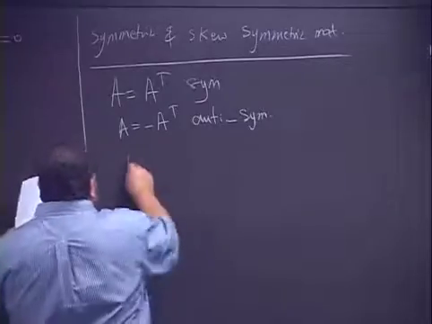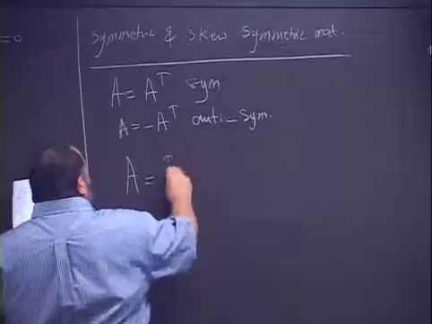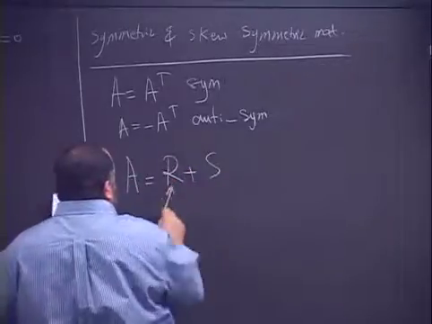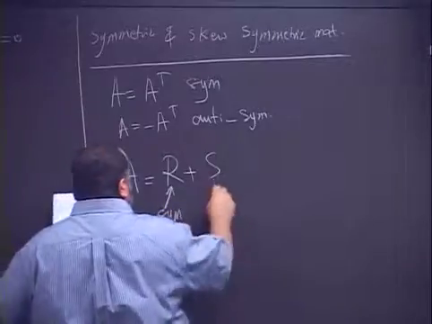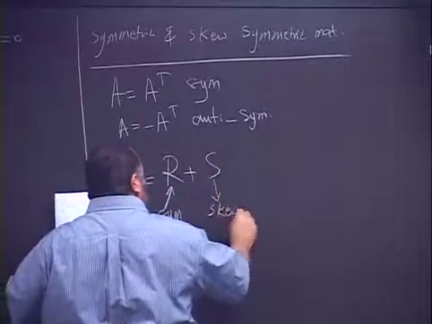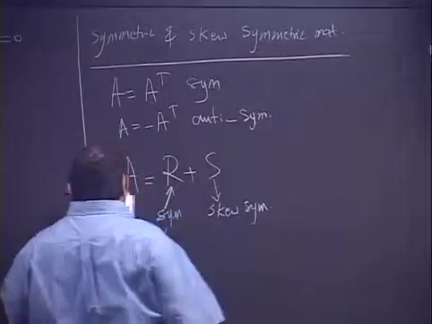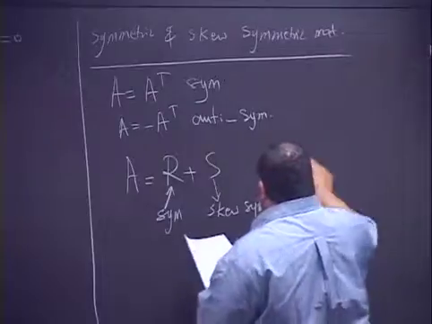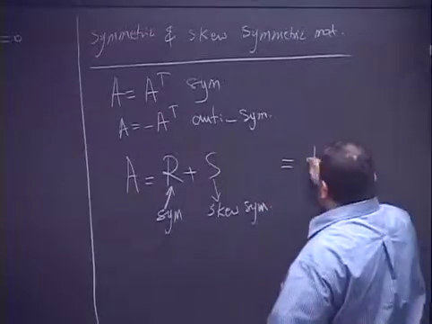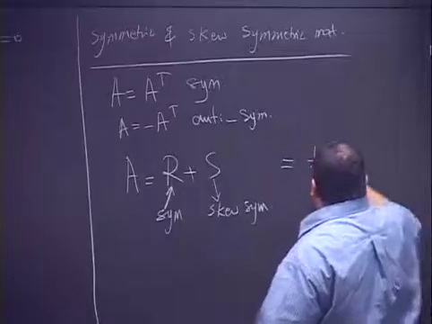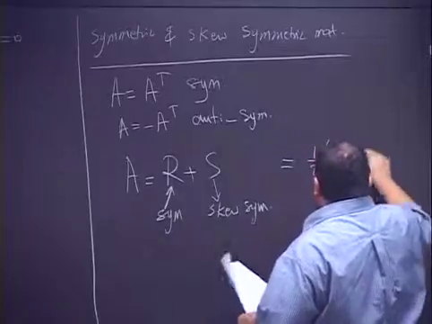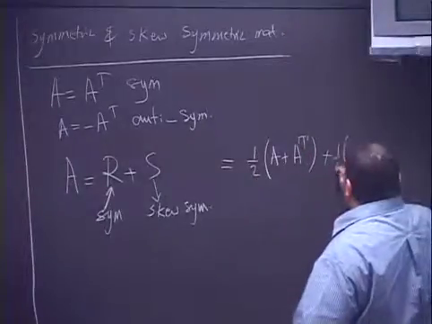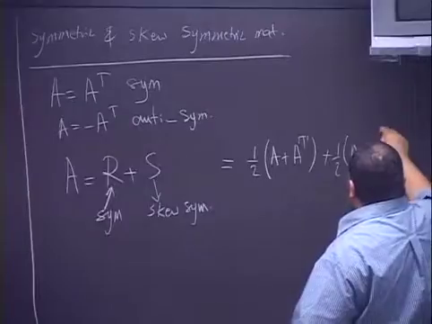Any matrix can be written as two components, a symmetric one and a skew symmetric one. So you can just write, let's say, A will be half of A plus A transpose plus half of A minus A transpose.